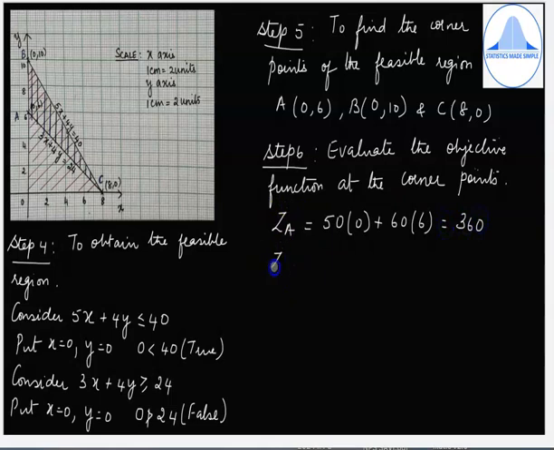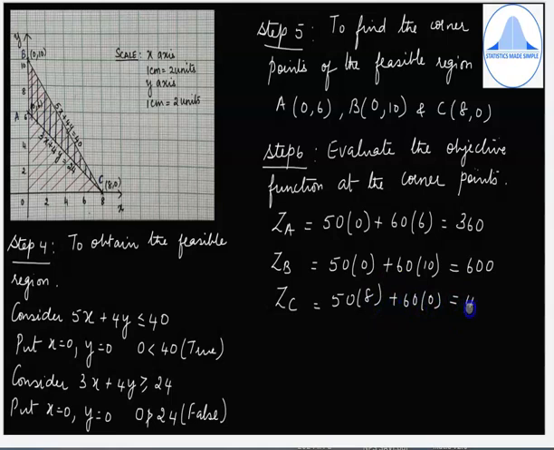Similarly, find out ZB. It is 50 into 0 plus 60 into 10, which is equal to 600. And ZC is 50 into 8 plus 60 into 0, which is equal to 400.